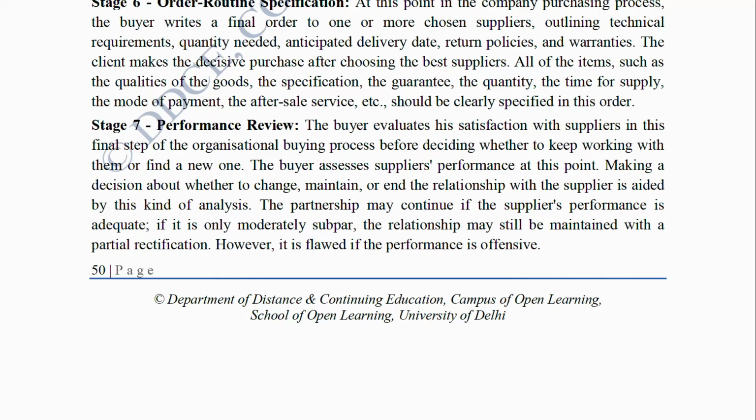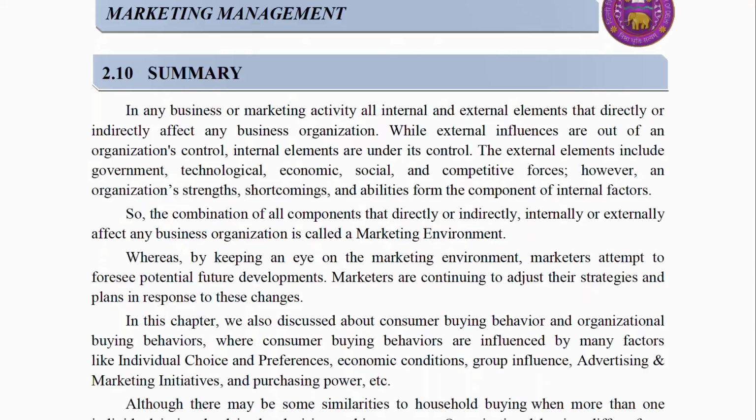Making a decision about whether to change, maintain, or end the relationship with the supplier is aided by this kind of analysis. The partnership may continue if the supplier's performance is adequate. If it is only moderately subpar, the relationship may still be maintained with a partial rectification. However, it is ended if the performance is offensive.